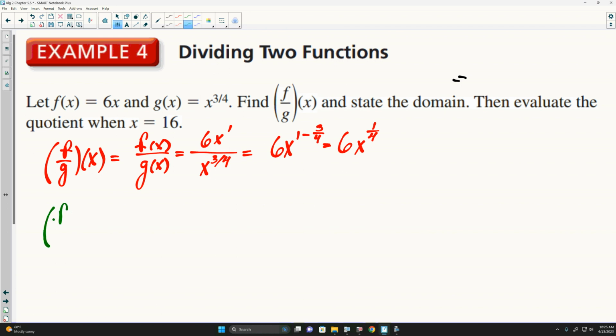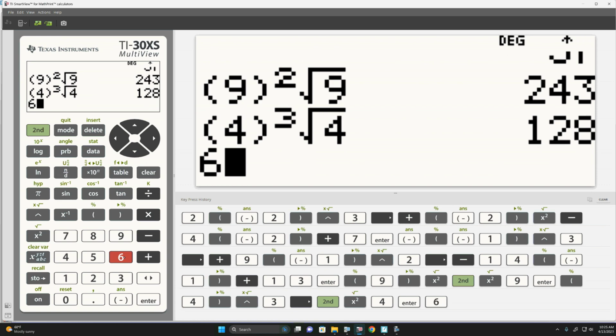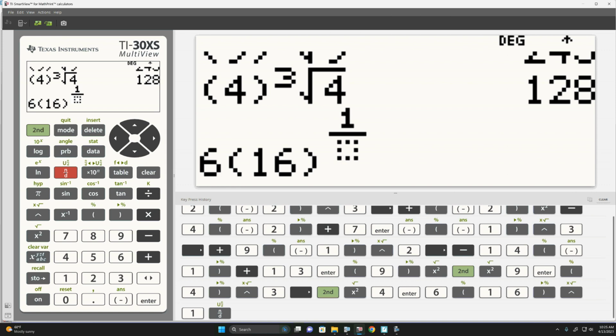Now we need to find out what f divided by g of 16 is. So we're just going to replace x with 16. Now we can plug this into a calculator. We can say 6 times 16 to the 1/4, and it is 12.